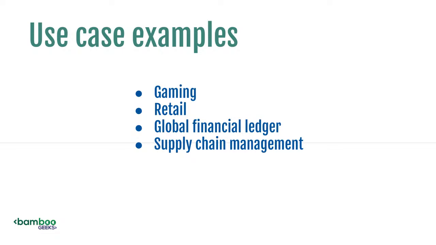So that's one of the reasons why people from the gaming industry are always using Cloud Spanner. Also, retail services use Cloud Spanner, since retail has a very big scale of data. Maybe also we can have global financial ledgers and supply chain management also using Cloud Spanner.